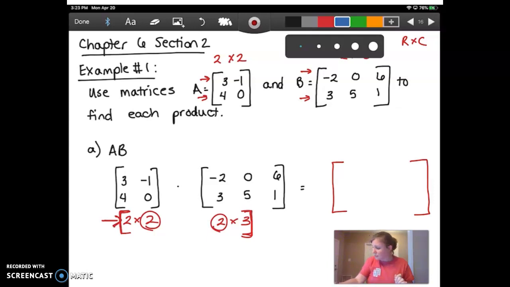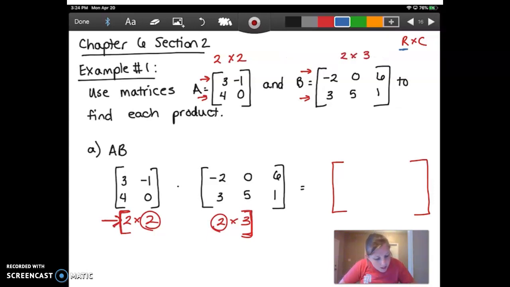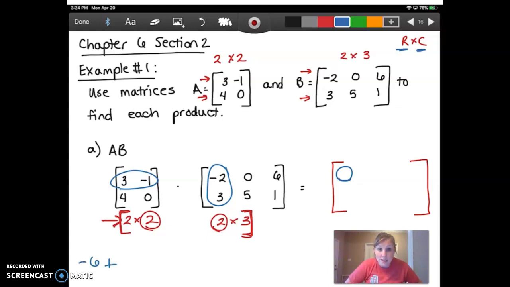What we're going to do when we're multiplying these matrices is begin by taking the first row in the first column. So it follows the same scenario here, row by column. I'm going to take this first row by this first column, and that gives me the term that is in the first row, first column. So I would multiply 3 times negative 2, which is negative 6, plus negative 1 times 3, which is negative 3.